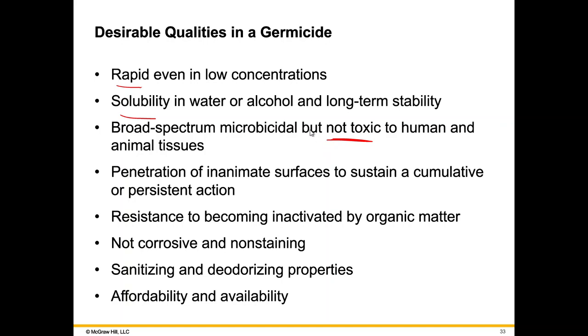We want it to be able to penetrate inanimate surfaces so that we can sustain long-term microbicidal effects. We want it to have resistance to becoming inactivated, so we don't want a substance that's going to interact with other chemicals to make it not work.